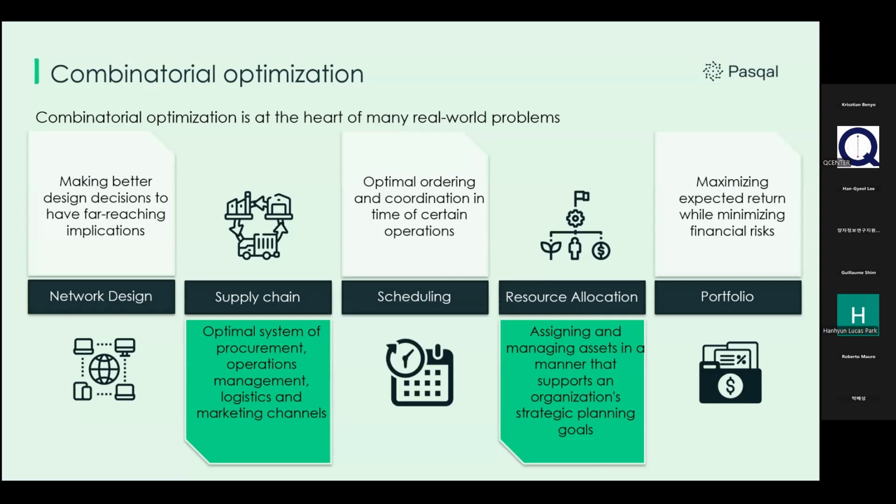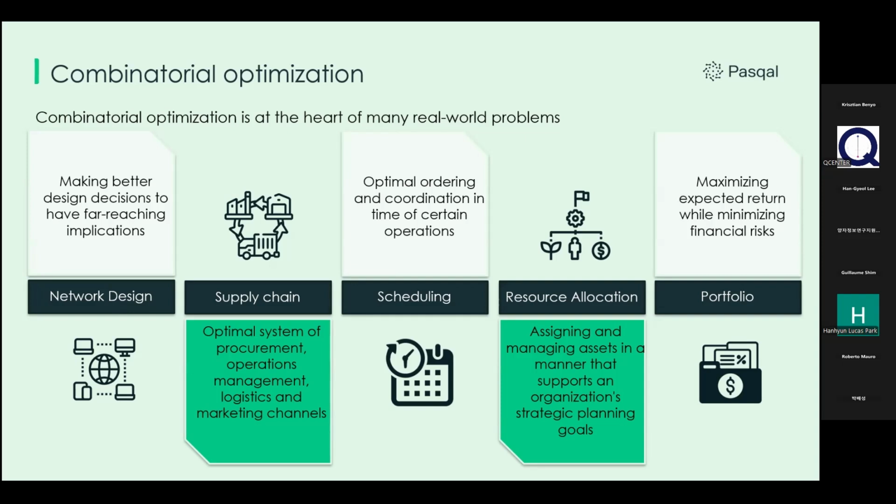We can find combinatorial optimization problems in various different fields. Here I've collected a couple of typical examples. Some of them are much more obvious, while others can be potentially quite surprising. Typically, resource management type problems fall into this category, be it from a logistics perspective or more generally a scheduling type problem.